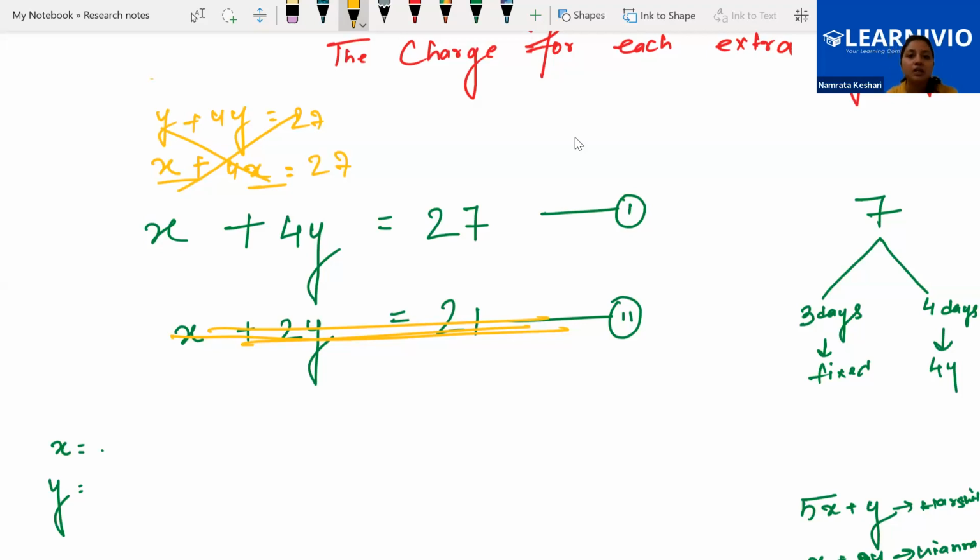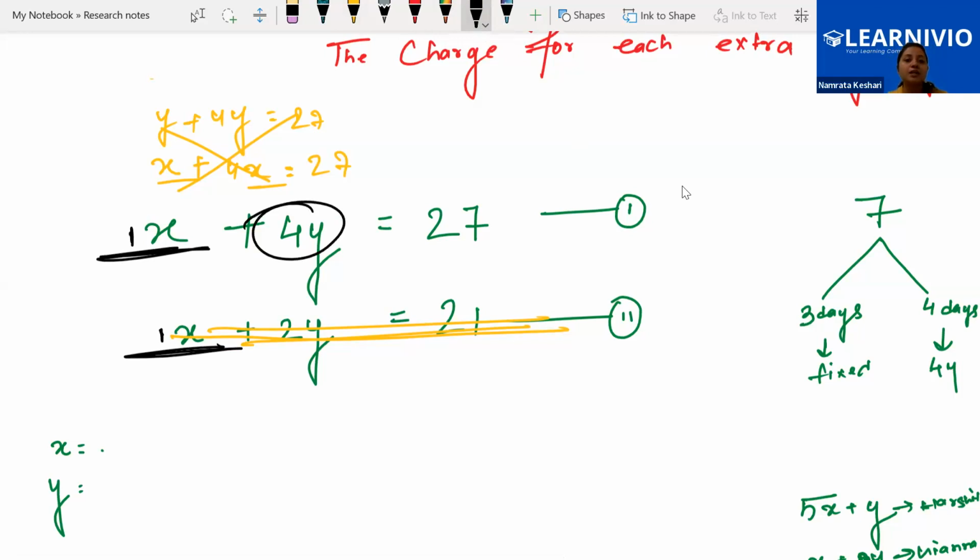How? See, the coefficient of x has to be the same, or maybe the coefficient of y has to be the same, then only it is possible to eliminate it. Here the coefficient of x is 1, here is also 1, so we will focus on removing this x. First thing first, to eliminate any one of the variables, the coefficient has to be the same.